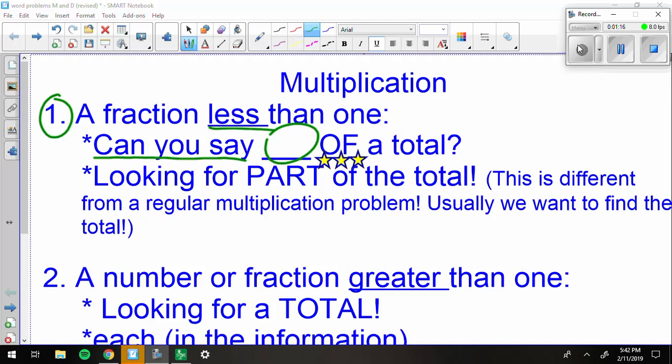If we're multiplying by a fraction less than 1, we have the total, and we're looking for part of it. That's different from a regular multiplication problem. Usually we want to find the total in a regular multiplication problem, but if we're multiplying by a fraction less than 1, we want a part of that total. We already have the total.